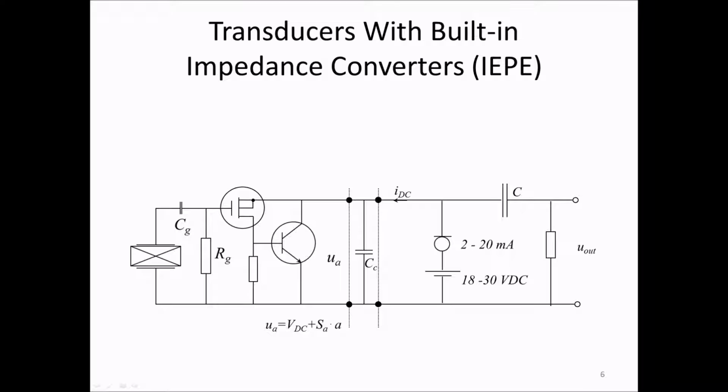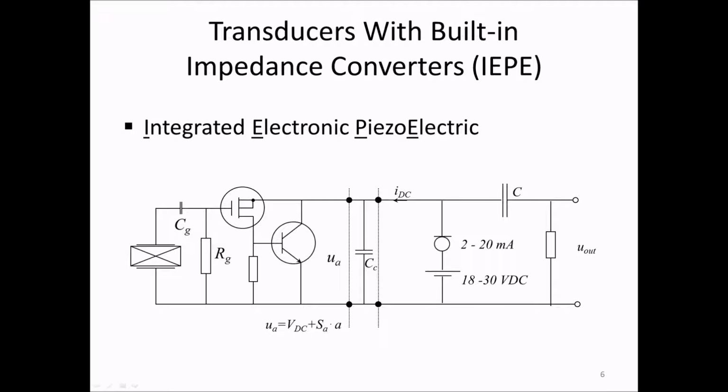The sensor type most common today is the IEPE sensor, the Integrated Electronic Piezoelectric Sensor. This is a sensor type with built-in electronics that perform very well at a much lower cost than charge mode sensors. In the figure here, we see the sensor with its built-in amplifier on the left-hand side.